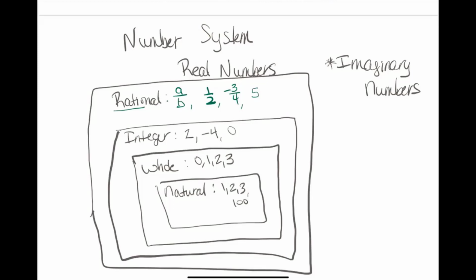We don't go out to find the 0 tree and then find the 1 tree. We find the 1 tree, then 2 trees, 3 trees. So going from whole numbers to natural numbers, you lose the 0. Not too bad.